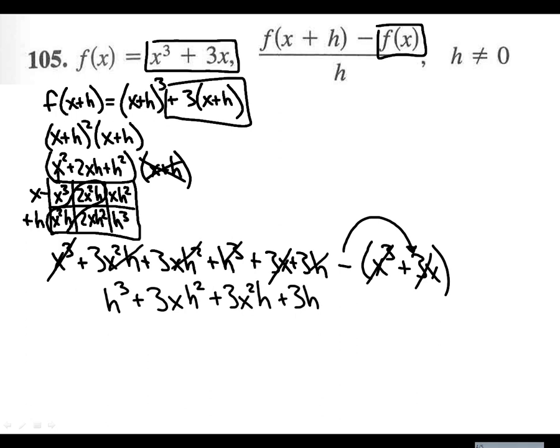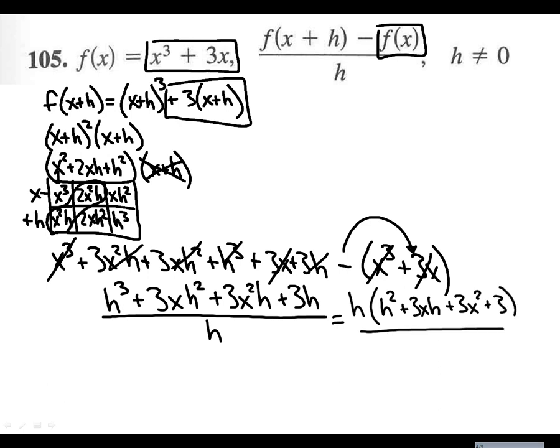It is. So we've got everything there. Our final step, remember, we always need to divide by h, and so we can pull an h out in the numerator. We'd be left with h squared plus 3xh plus 3x squared plus 3 all over h. What happens to the h's? They cancel. And we're left with that as our answer.